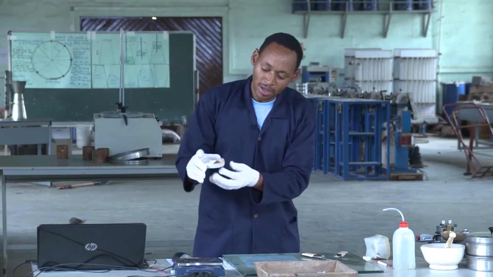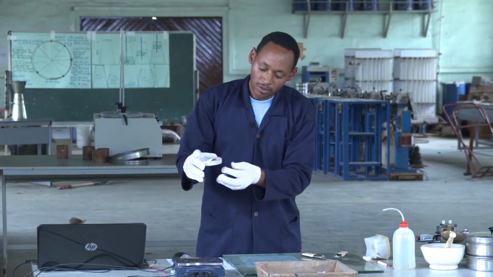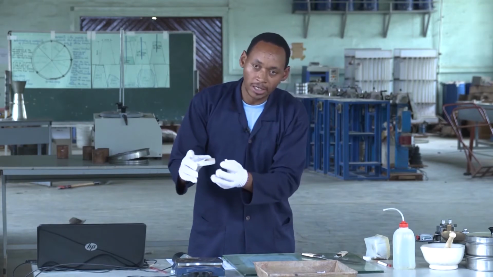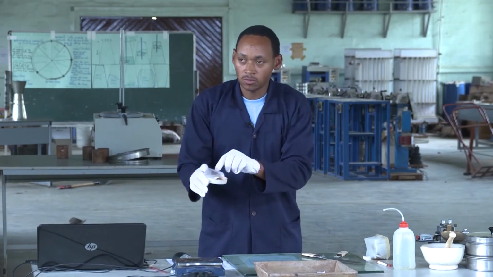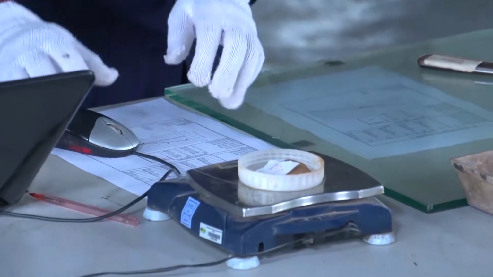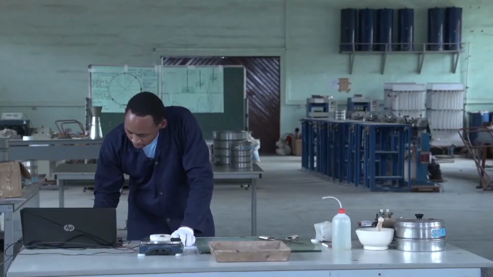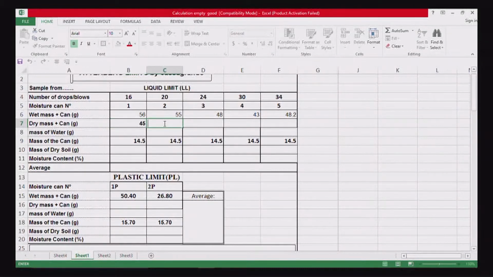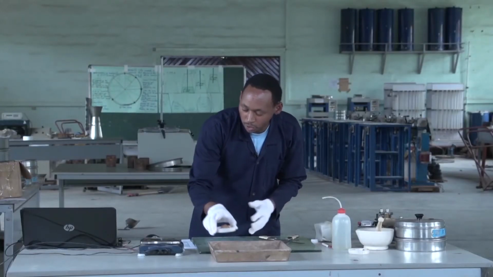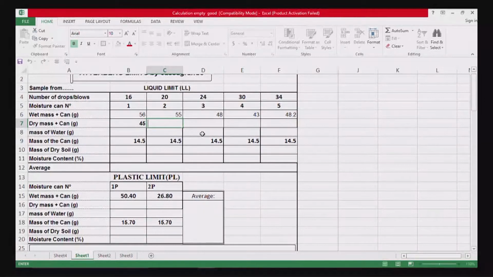Remember that this mass we are going to record includes the mass of can and the mass of sample. Number one, the dry mass with can is 5. Number two, you do the same as previous, 4.3.